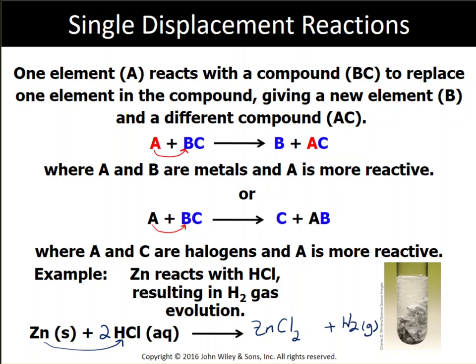It's the fifth box from the top, and it gives you a very small table for solubility rules. It's not a complete table, but it's sufficient for our course. On this table, you see two columns, usually soluble and usually insoluble.